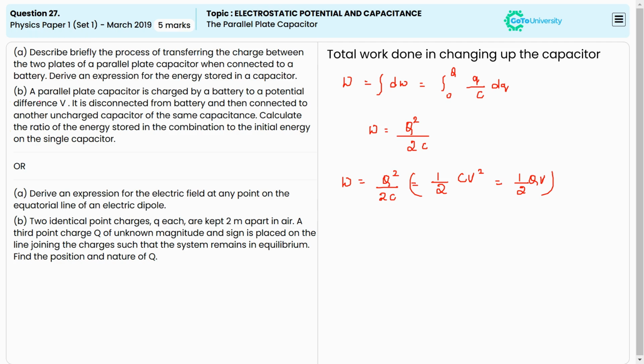In the second question, a parallel plate capacitor is charged by a battery to a potential difference V. It is disconnected from the battery and then connected to another uncharged capacitor of the same capacitance. Calculate the ratio of the energy stored in the combination to the initial energy on the single capacitor.